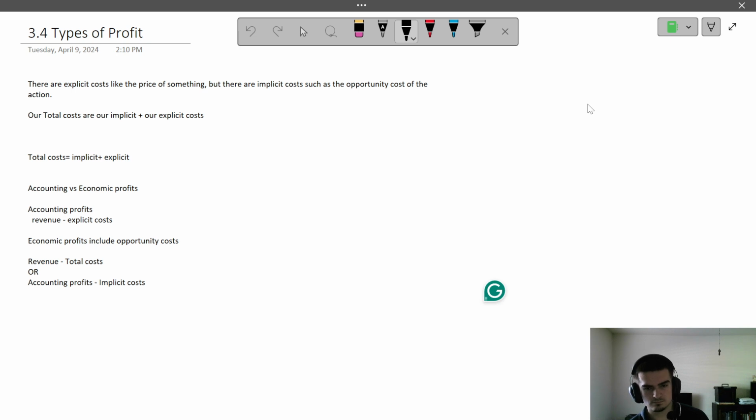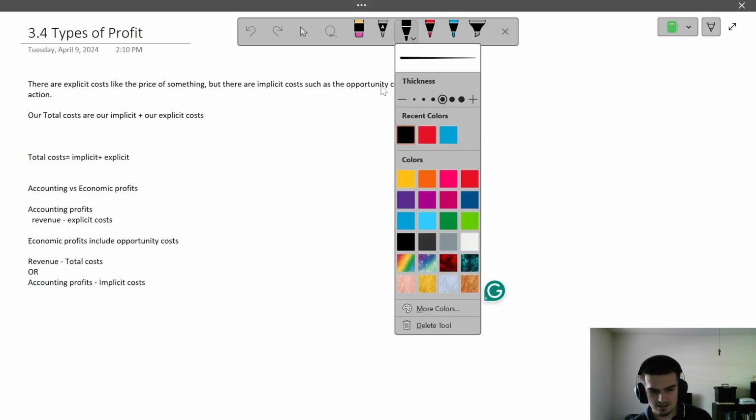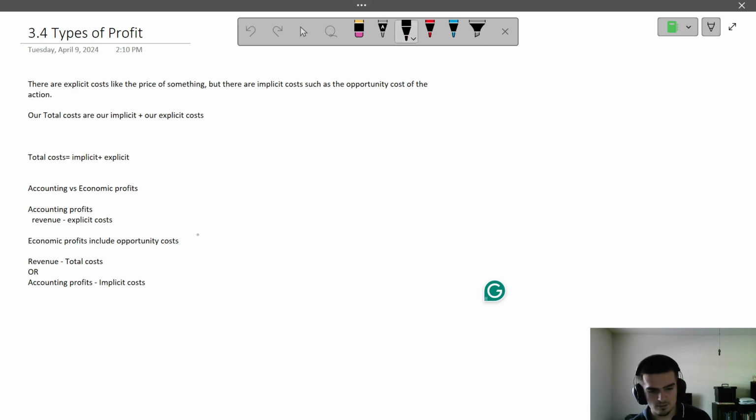Economic profit is a bit harder because opportunity cost is typically not as blatant or apparent. And in this class, I think on the test, they're going to make you do more of this. They'll probably ask you about economic profits, and I would assume it's economic profits unless it's explicitly stated accounting profits.